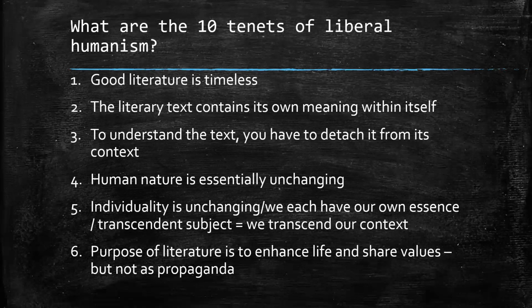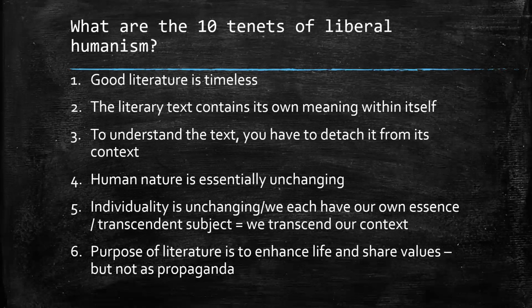The reason that good literature is timeless is also because human nature never changes, according to liberal humanists. Individuality is unchanging. So we can look at texts from the past and they have a timeless quality because what it means to be human hasn't changed. Now, immediately we can imagine the criticisms of this approach, both to the idea that literature does not change and the idea that human nature does not change.